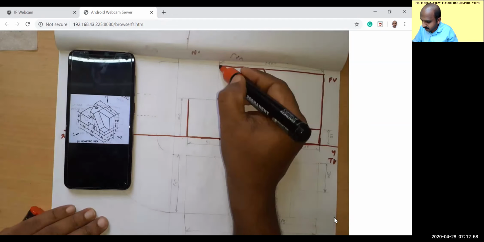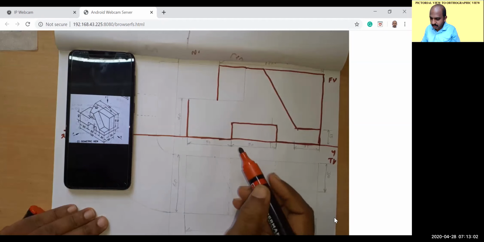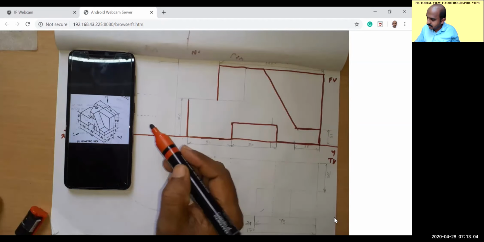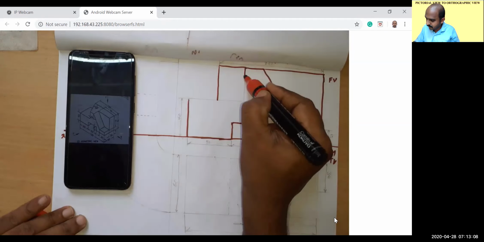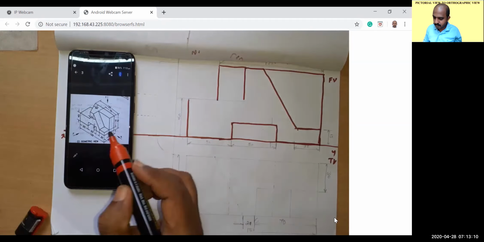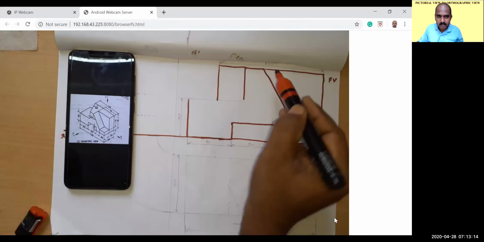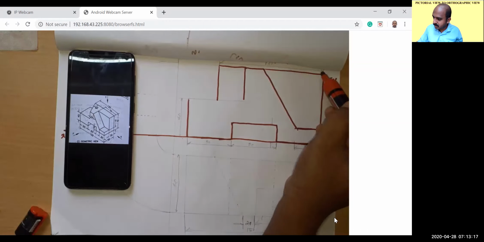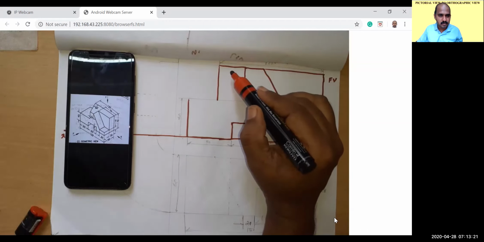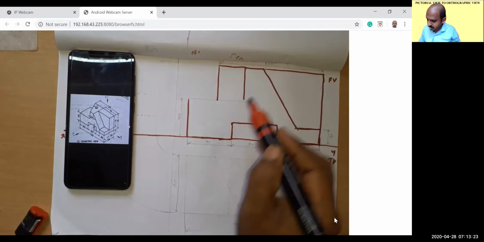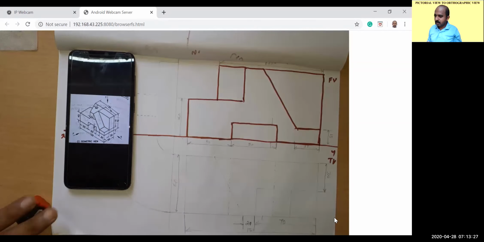What is another line? This line is 70 plus 20, a distance of 90. Another line is 70 plus 20 plus 30, that's a 120 distance. So now we can complete the front view.